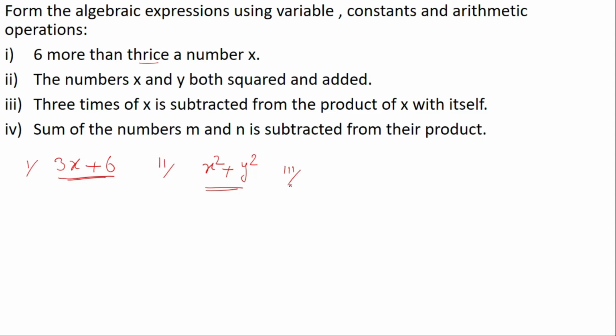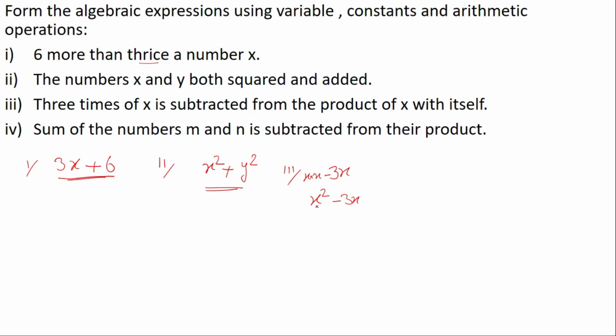Third one, 3 times of x. So we will write x first. 3 times of x, so we will multiply constant 3 here, is subtracted from the product of x with itself. That means x into x minus 3x. That means we can write it as x squared minus 3x.